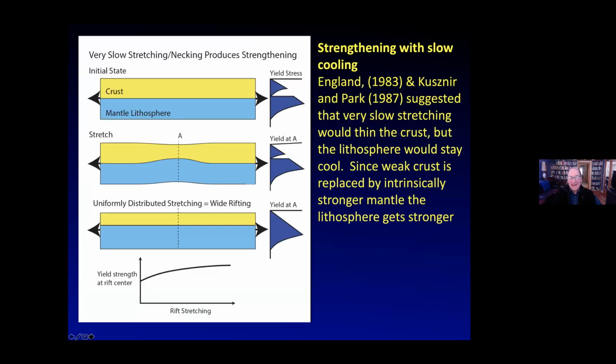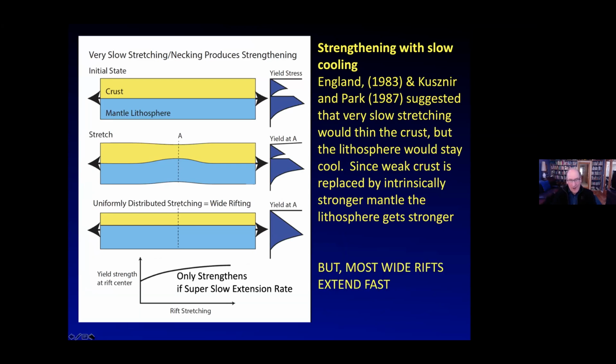Okay, and the idea is that if you stretch very, very slowly, you're essentially replacing the crust with mantle, and you're doing it so slowly that the mantle can thicken where it's been pulled up. So it's been mechanically thinned, but then thermally thickens.